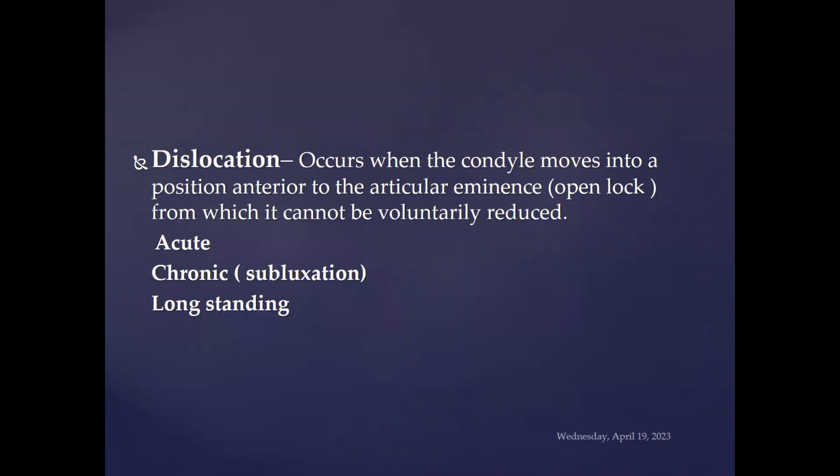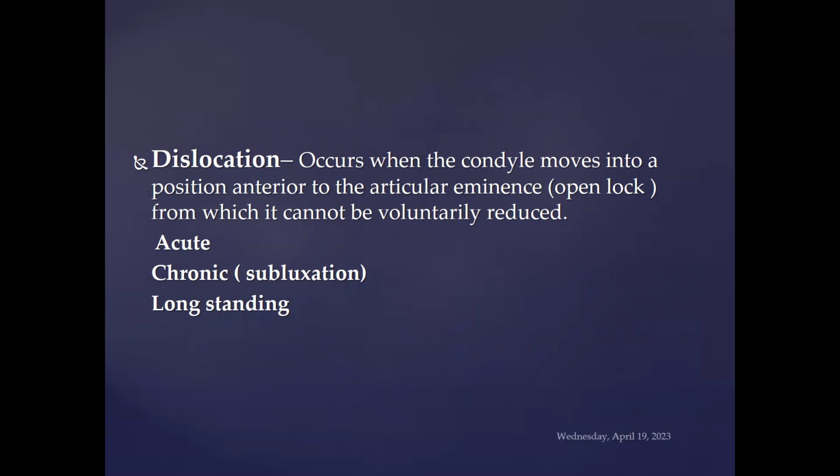So, what do you mean by dislocation? By going by the introduction, dislocation occurs when the condyle moves to a position anterior to the articular eminence. Okay, articular eminence is seen in the skull base.